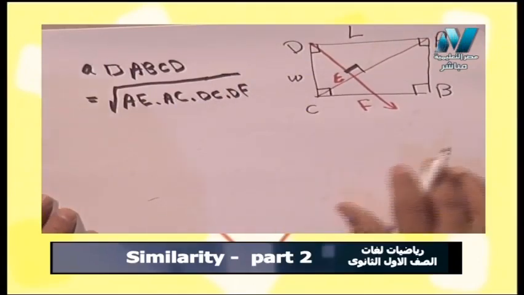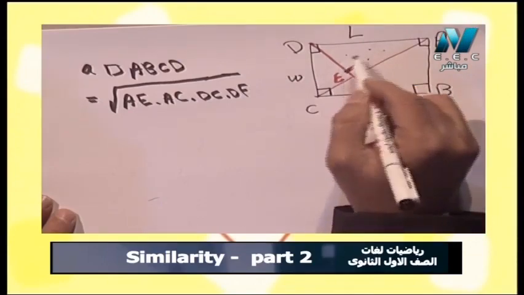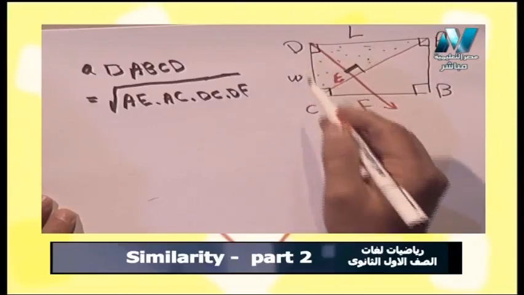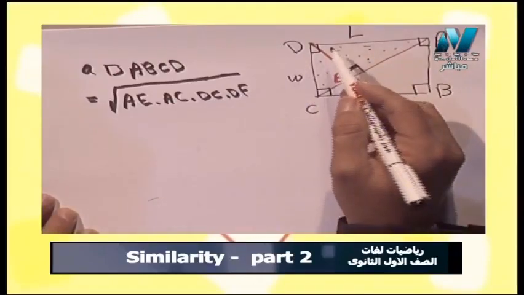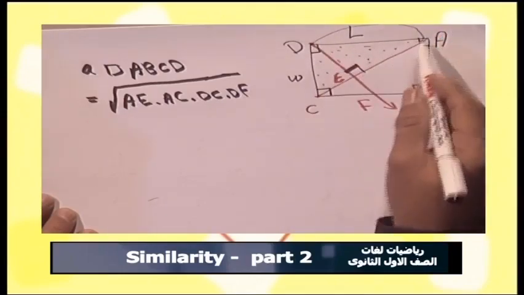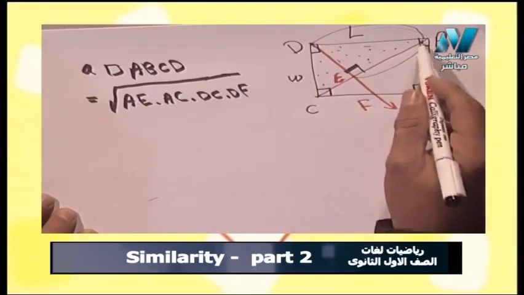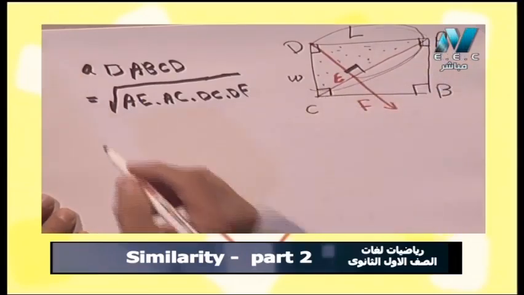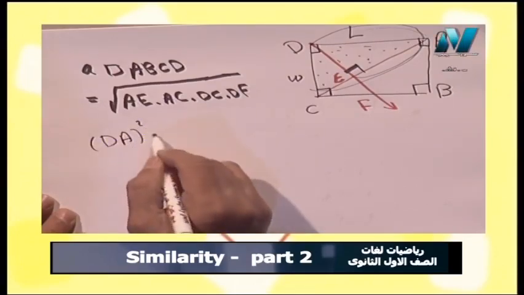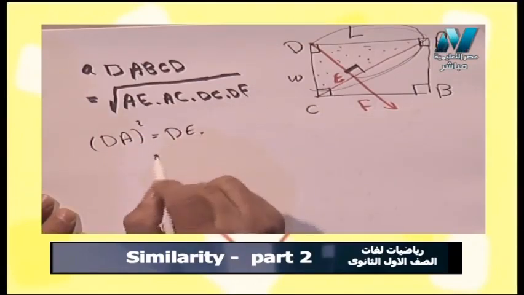Okay, to prove this question, look carefully at this triangle here. We have triangle ADC, and we have L, which is DA. DA power 2 here equals AE multiplied by AC. We write here DA power 2 equals DE multiplied by AC.